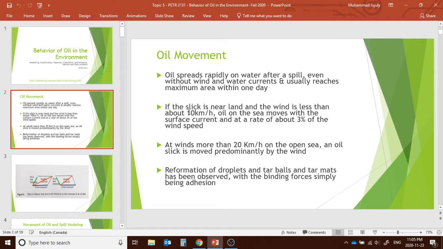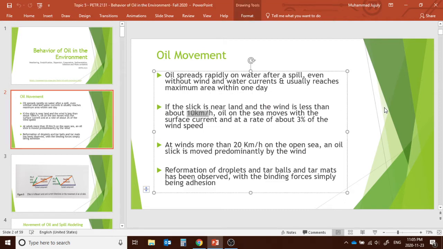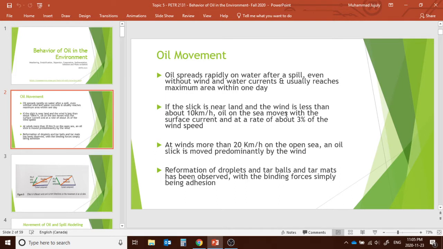If the wind speed is less than 10 kilometer per hour, then only 3% of the whole speed would be dependent on the wind. Okay, rest with the wave, or like the ocean current. But if the wind speed is higher, like 20 kilometer per hour, then it's mostly driven by the wind. Okay, that's how it actually correlated.